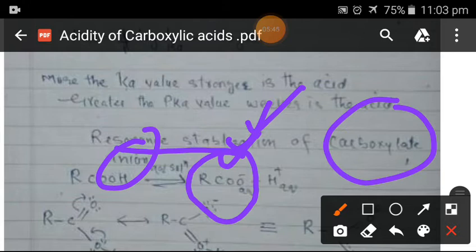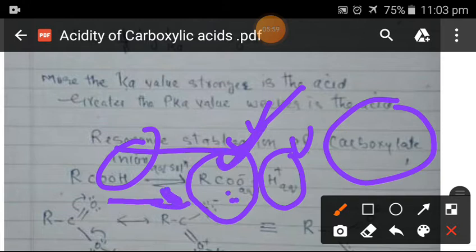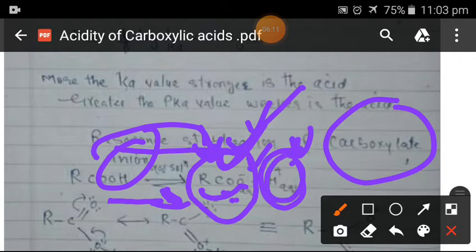What happens is that when the carboxylic acid gives the carboxylate anion and proton in the solution, this reaction favors the forward direction, because the carboxylate anion gets stabilized by resonance. As a result, more of the carboxylic groups will undergo ionization and form the carboxylate anion and proton. So more protons will be formed in the solution, hence the greater will be its acidic strength.